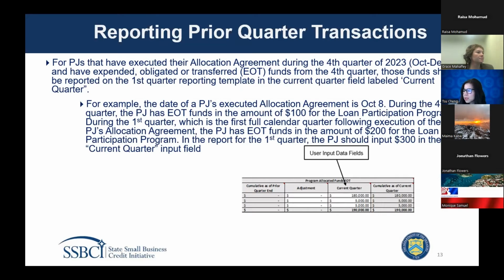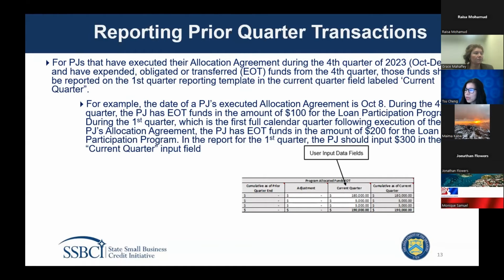For jurisdictions that are reporting for the first time and have EOT from a quarter prior to their first quarterly reporting period, jurisdictions should report the prior quarter activity along with the current quarter in the current quarter field.